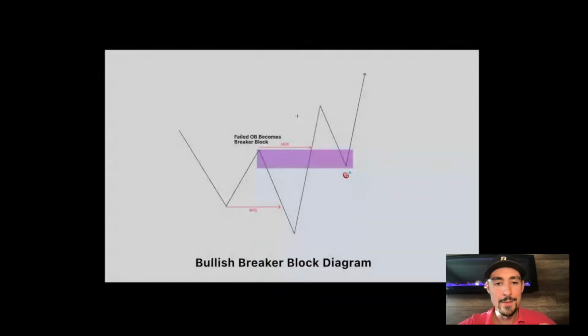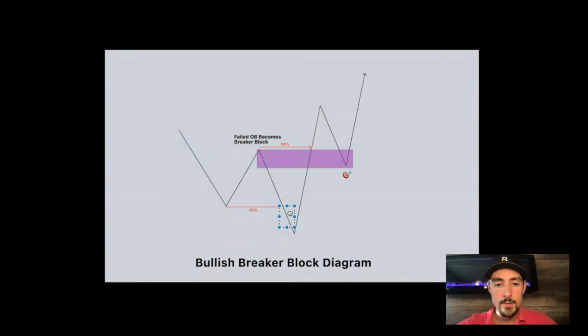These personally are one of my favorites to trade. And the reason for that is because sometimes order blocks don't capture liquidity. We talked about it when we were looking at some examples that the ideal scenario is for an order block to capture liquidity, but they don't always capture liquidity. If we take this diagram as an example, there was no liquidity capture to the left, right?